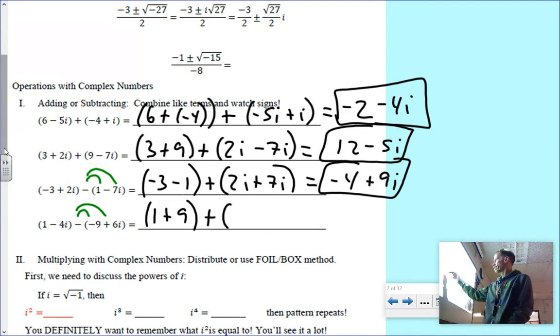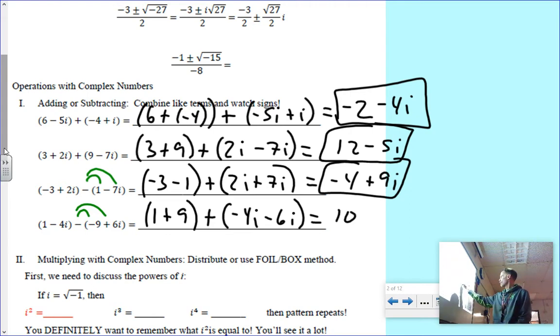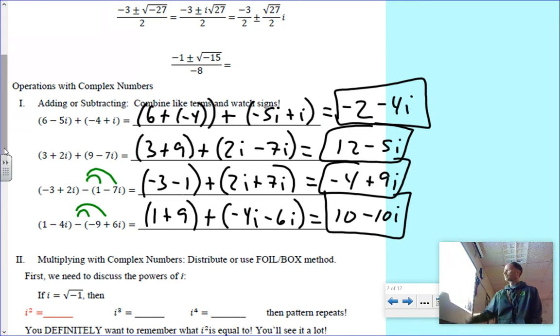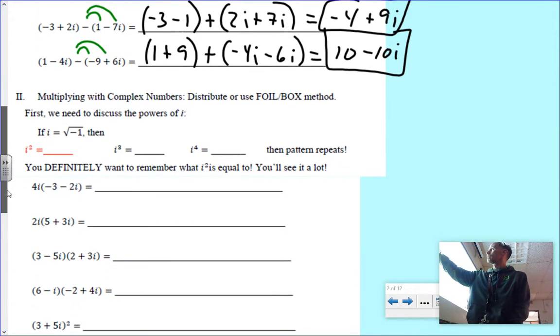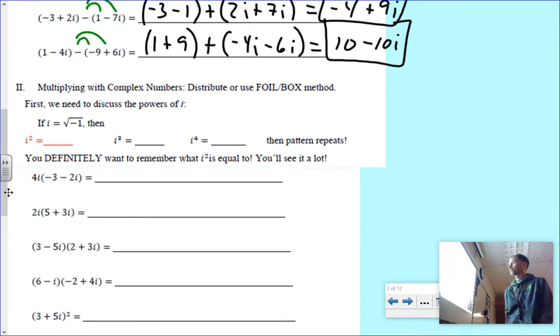And then we'll do -4i minus 6i. Again, that negative sign distributes through, and then just combine things. So we got 10 minus 10i. Okay? Adding, subtracting: combine like terms, and watch your signs when you're combining those integers and combining the coefficients.